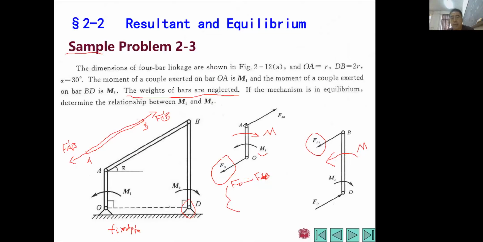So we use the characteristic of a couple: a couple can only be counterbalanced by another couple. That's why this FO and this FD have to be along some given directions, and their magnitudes should be equal to FAB and FBA.